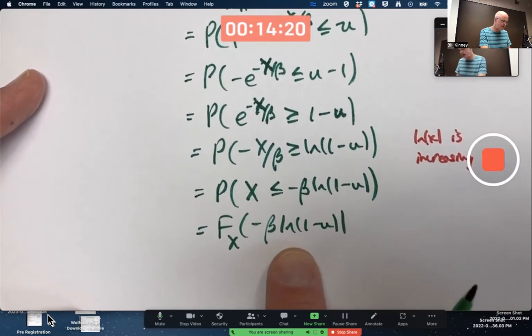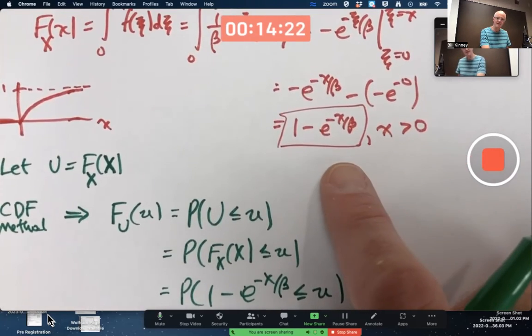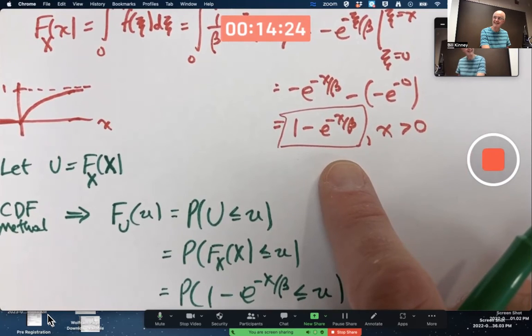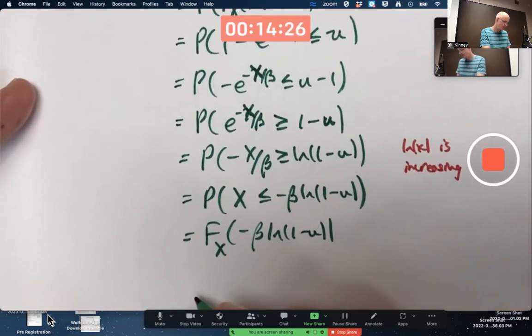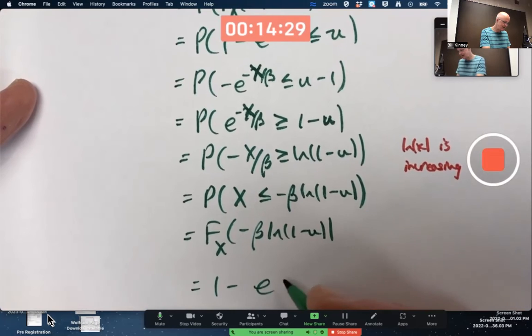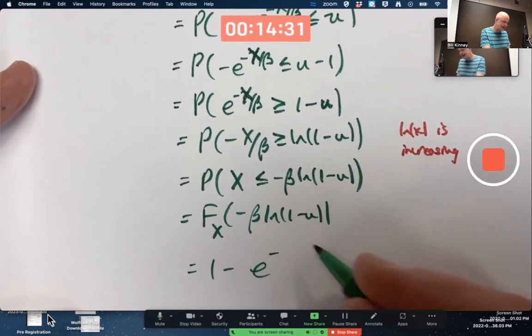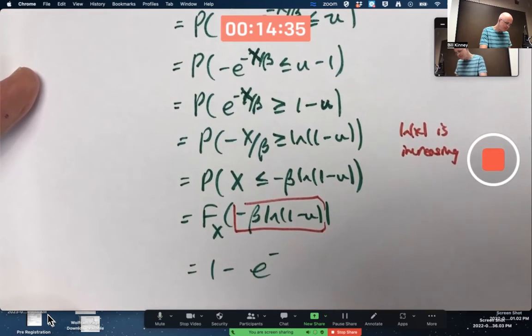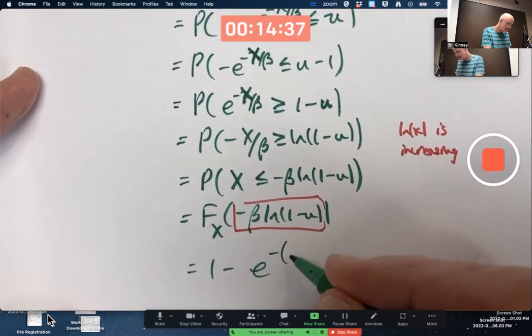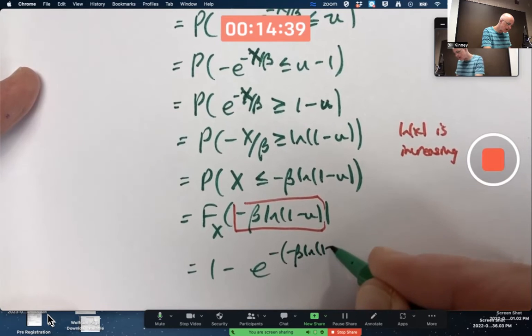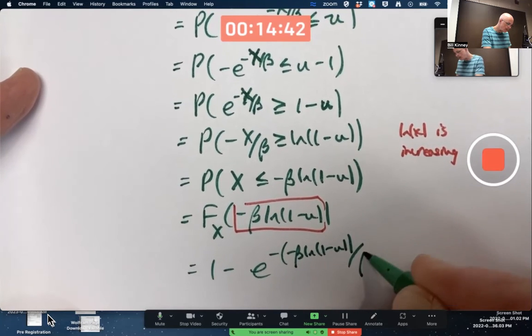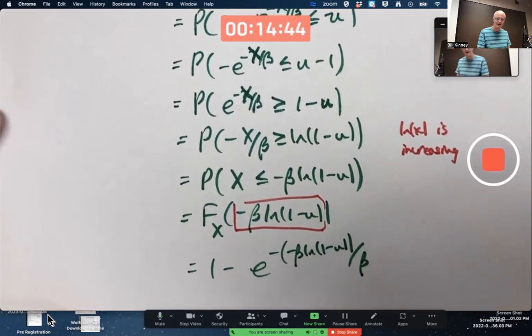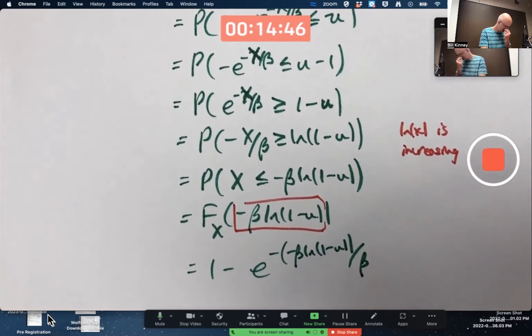I guess now I got to plug that into the formula for capital F. Got to use this formula again. 1 minus e to the negative, replace x with this entire thing. Negative beta natural log of 1 minus u. The two negative signs cancel.